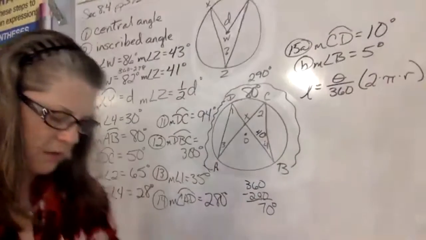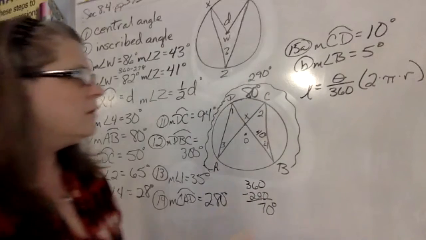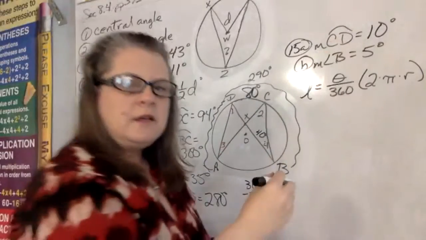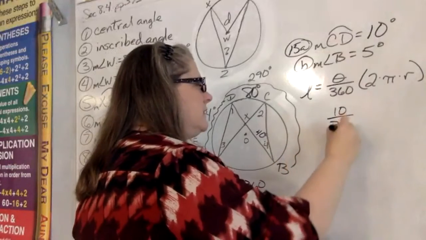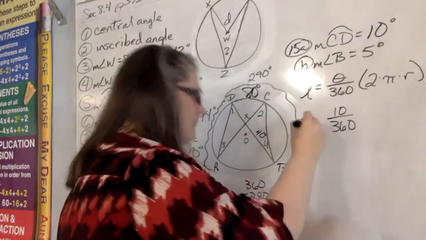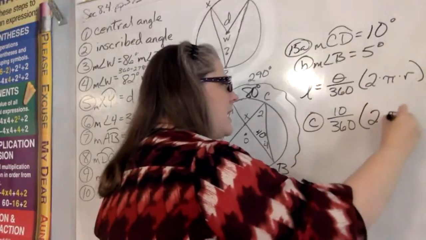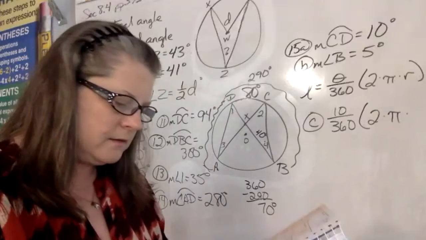So our angle is going to be the measurement of RTD, which was 10, correct? So I have 10 over 360, this is for part C, times 2 times pi times the radius, and they said the radius was 21.